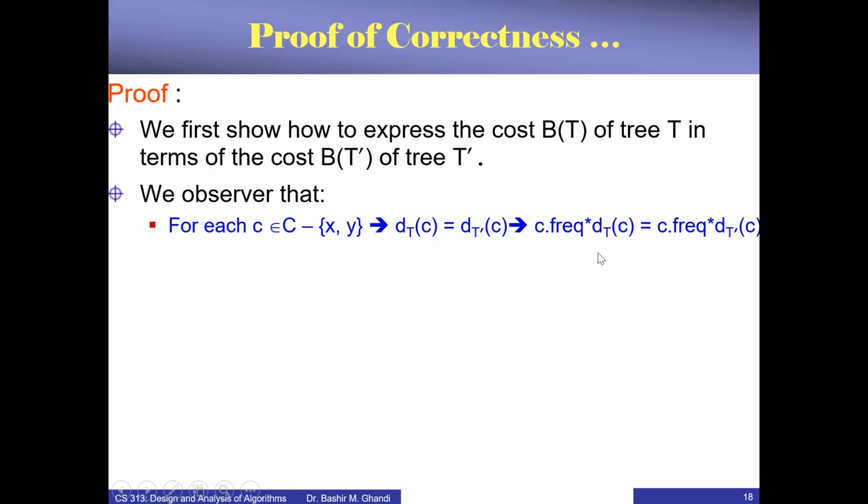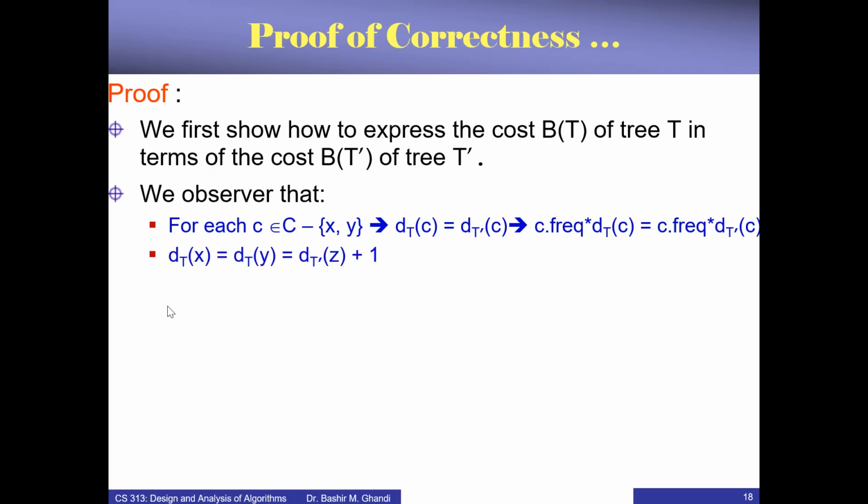Similarly, based on this, if you multiply with their frequency, they will have the same cost. So c.freq times its depth in T will be the same as c.freq times its depth in T prime, for all other characters except X and Y, because they will be in the same position in both trees.